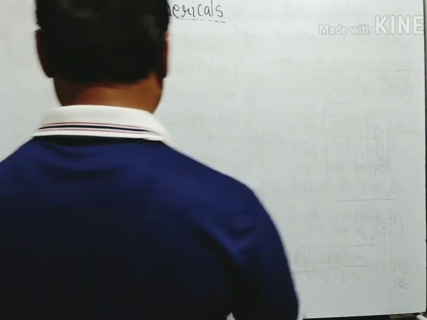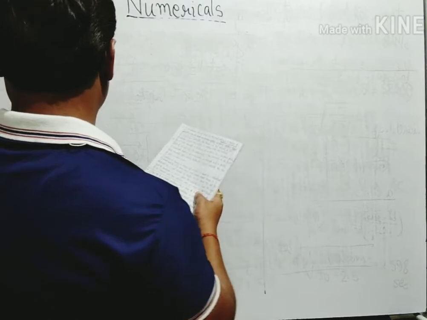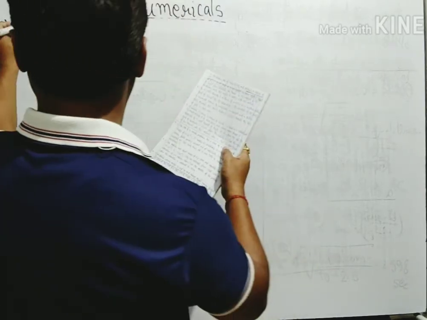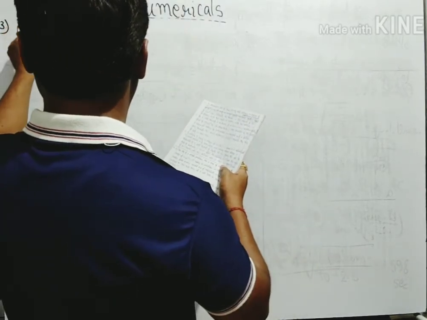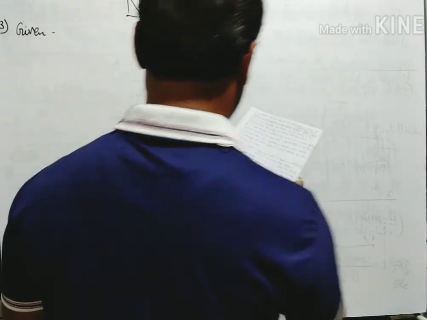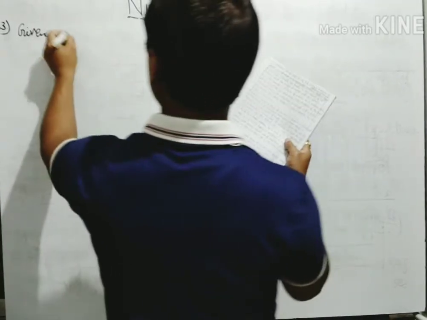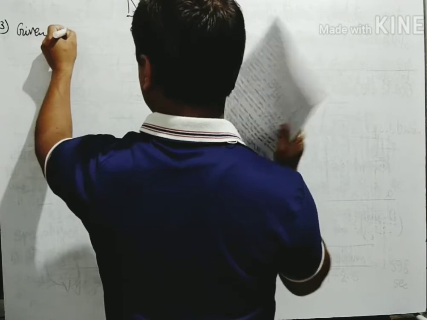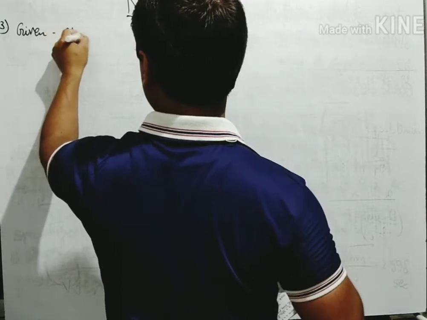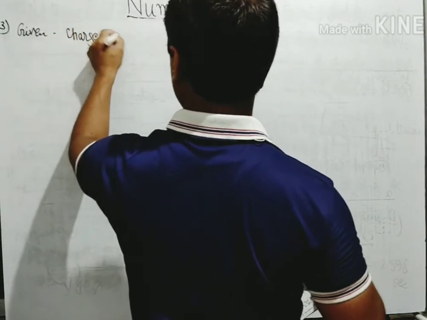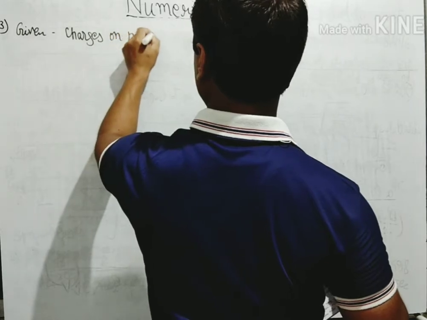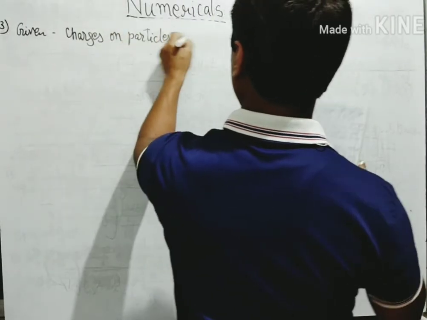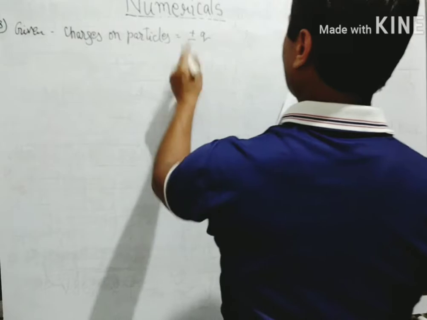So here let's have the solution part. What is the given information here? Given: two particles carrying charges on particles equal to plus minus q.